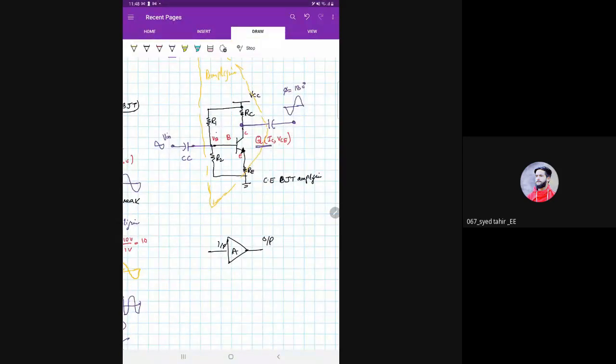So VB is applied to fix Q point, and Q point should be stable. Q point must be stable. It should not change. ये कभी चेंज नहीं होना चाहिए.